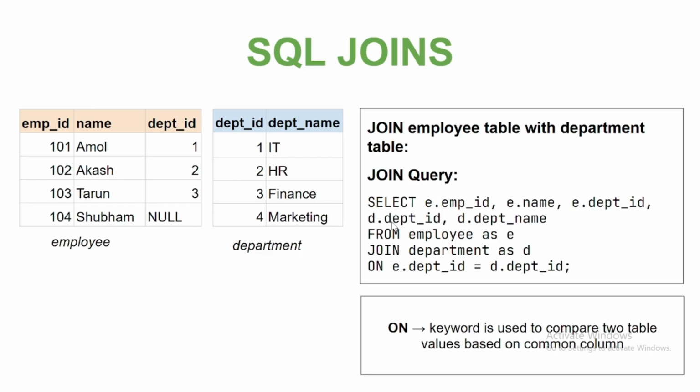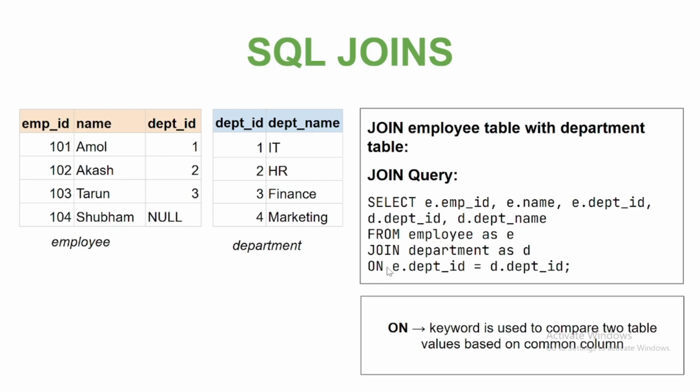And then d dot department ID, d being the alias name for the department table, then d dot department. Okay, from which table are we selecting? We give the first table name, that is employee, as e, the alias name for the employee table, and then join. So we are simply writing join, and then with which table are we joining this employee table, guys? Department, another table name, as d, the alias name for the department table.